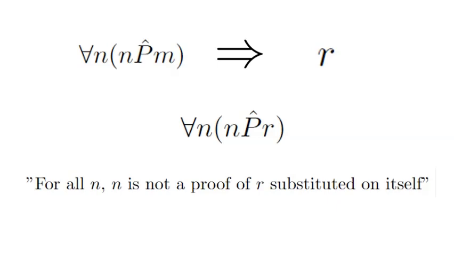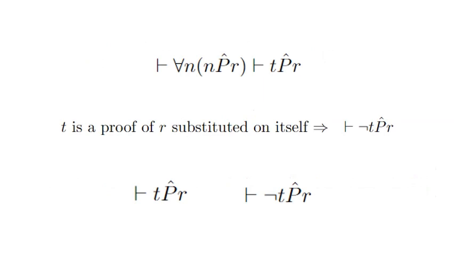So let's assume first that we just proved that we can write a proof of r. In that case, since we proved it for all n, we proved in particular, let's call that proof t, that t P hat r.